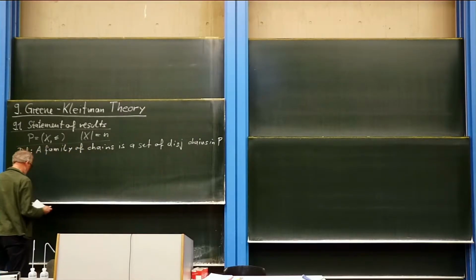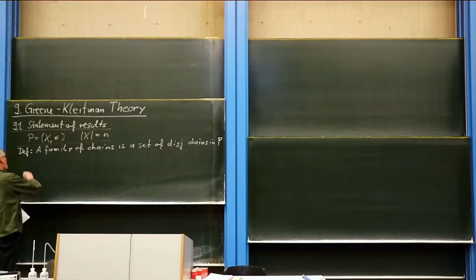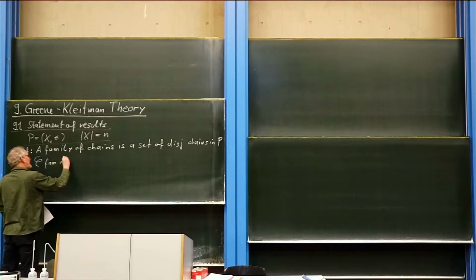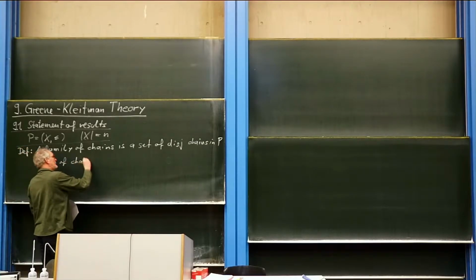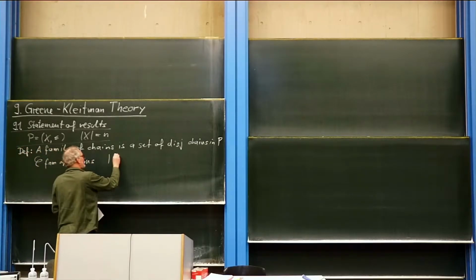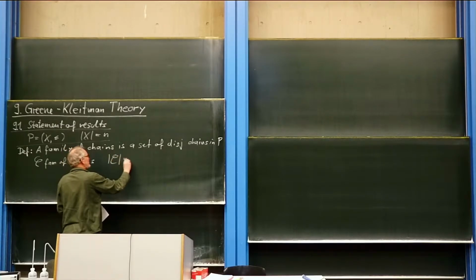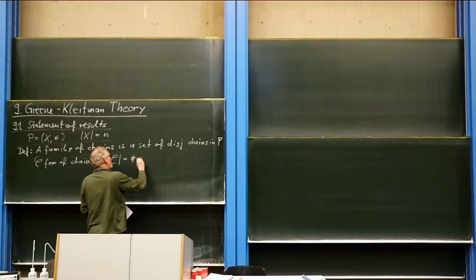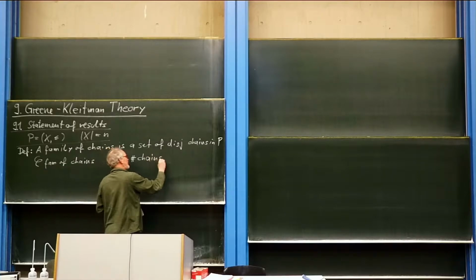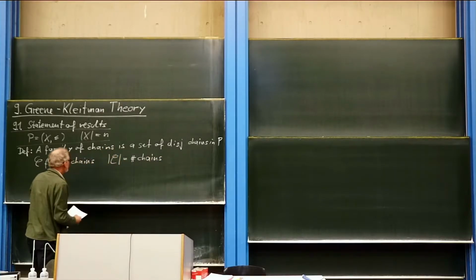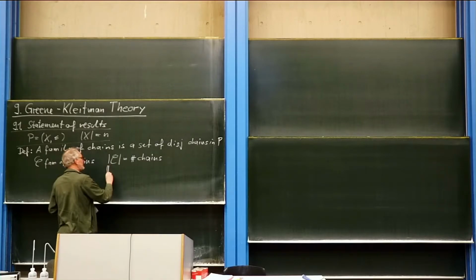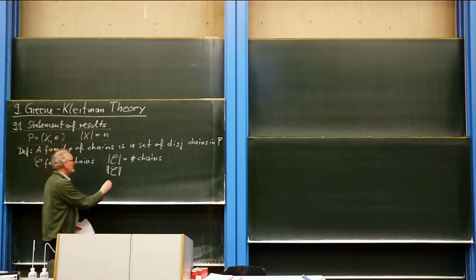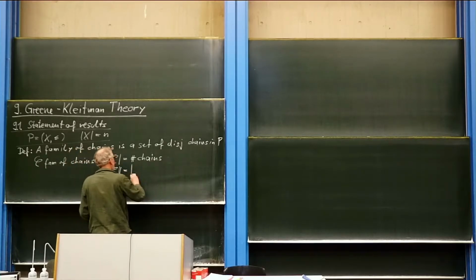And now when we have C, a family of chains, then we denote with cardinality of C the number of chains. And then we have a second symbol, the norm, say, and this is nothing but the cardinality of the union of the chains.